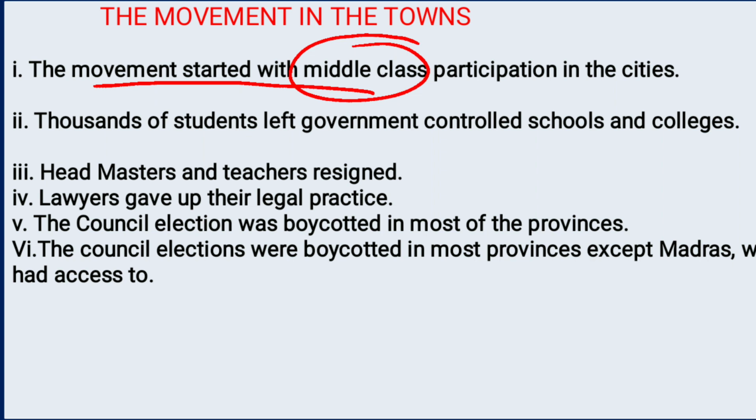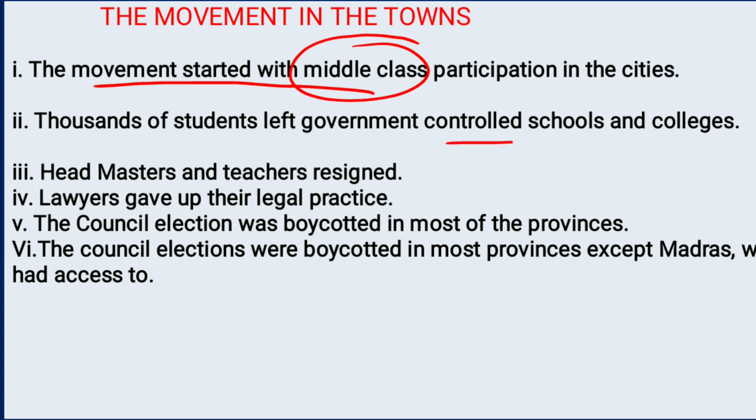Thousands of students left government schools and colleges, because they were against the government, the British rule, and saw the harm done by the British.